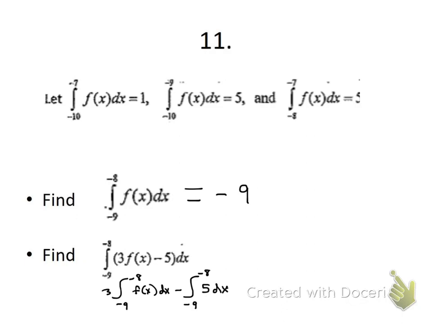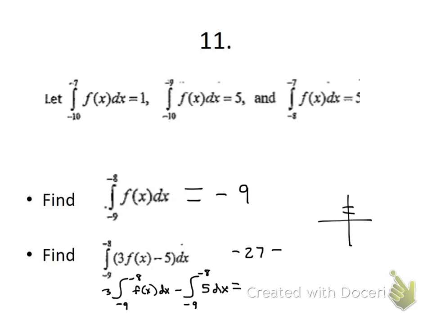Okay. So, what is it from negative 9 to negative 8? What we already established that it's what? So 3 times negative 9 would be negative 27, minus, no? Guys, what's the graph of y equals 5? Oh, okay.